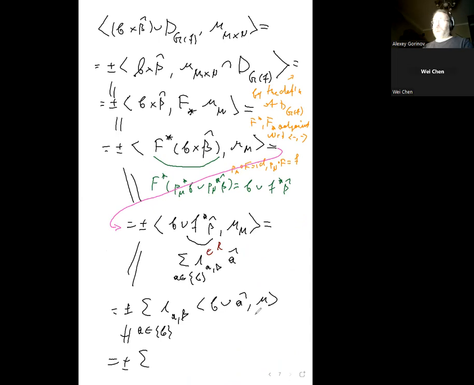So the result would be plus or minus the sum over all A inside B delta AB.